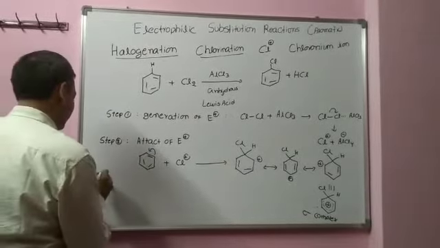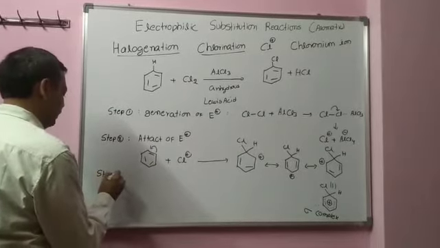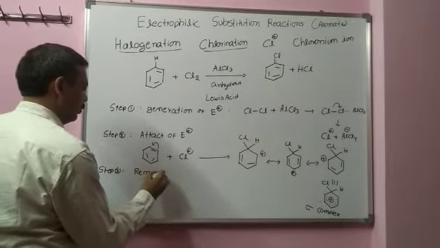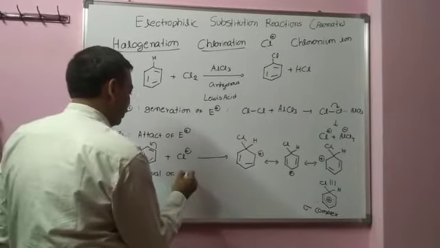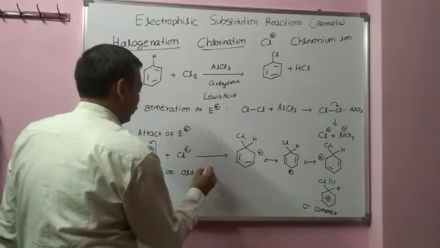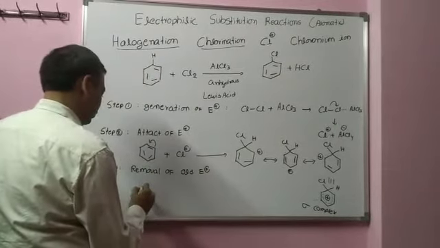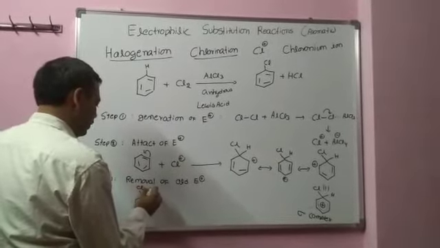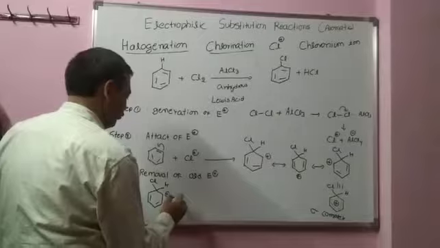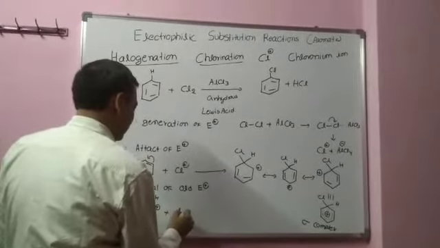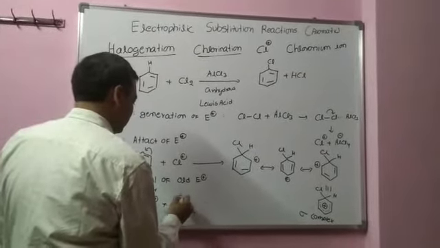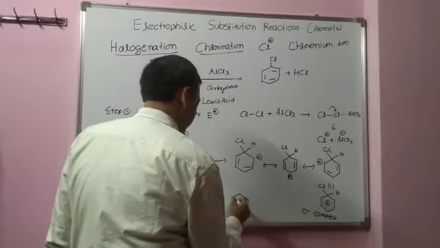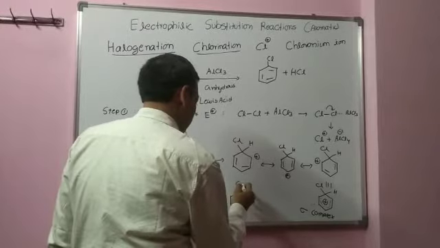Now step 3. What is step 3? Removal of old electrophile. With chlorine, hydrogen and the positive charge, we already have AlCl4-, to give chlorobenzene plus HCl.